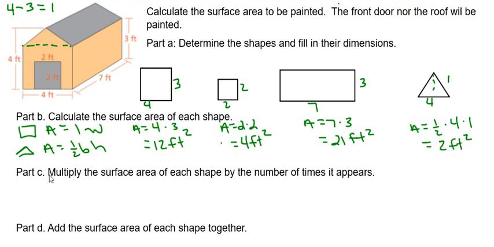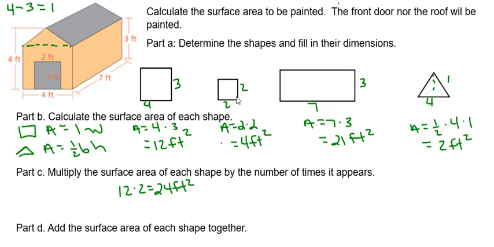Now moving on to part C. Remember, multiple pieces of this are multiplied by more than 1 because I have a front and a back of my house. So this rectangle is going to appear twice. So I want to do 12 times 2, which gives me 24 feet squared for the front and the back of my house.